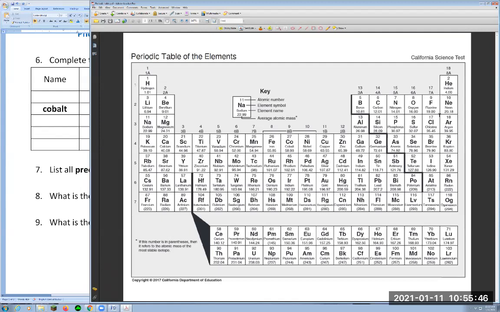They have the same number of protons, and that's what identifies them. Same number of electrons if they are neutral. And what makes them different is the number of neutrons. Because neutrons have a mass of 1 atomic mass unit, this changes the mass of the atom.